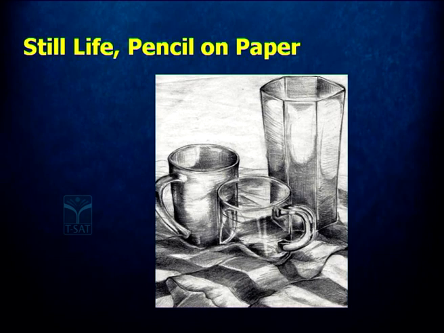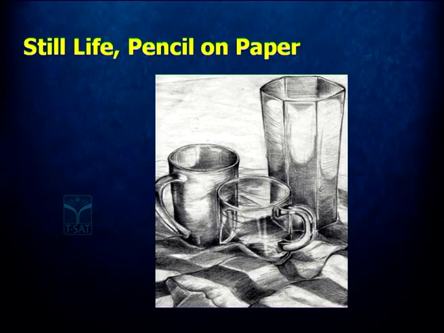So, you see how the artist has captured the material characters of three different materials, the glass, the plastic tumbler, and the metal cup, right. So, here using pencil, the artist needs to understand how to use pencil to bring out these three different characters of three different objects.